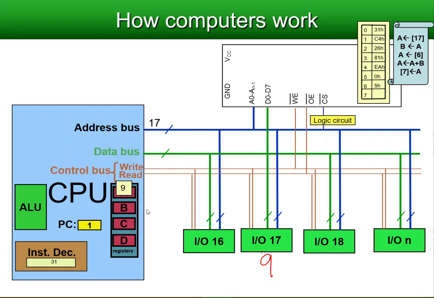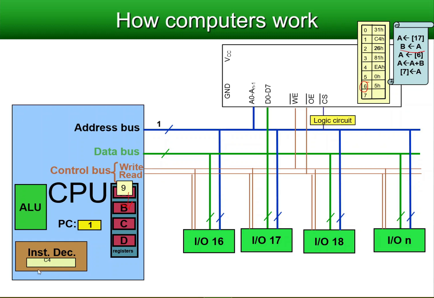Now our program counter is telling us that the next instruction we are going to process is the instruction at address 1. So we will pass that address to the address bus, and it will go to the memory and understand that address 1 has the instruction C4H, which is a hexadecimal number, and it will pass that number to our instruction decoder.